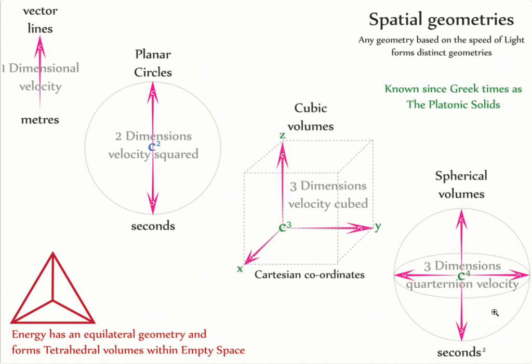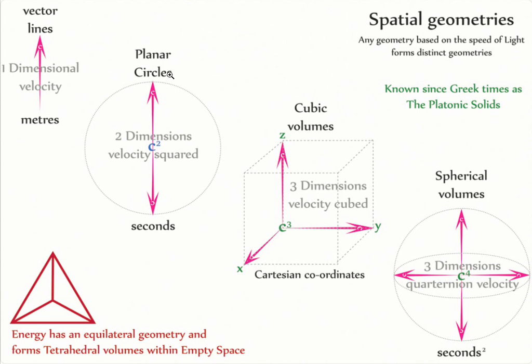And obviously we have the spherical volumes I just discussed, where we have a z component, a negative component to the z, as well as our x, and we can obviously have y coordinates as well within the same volume of space.